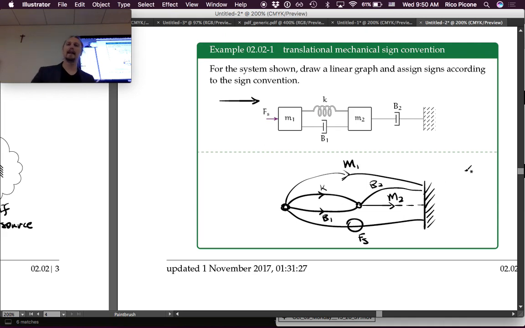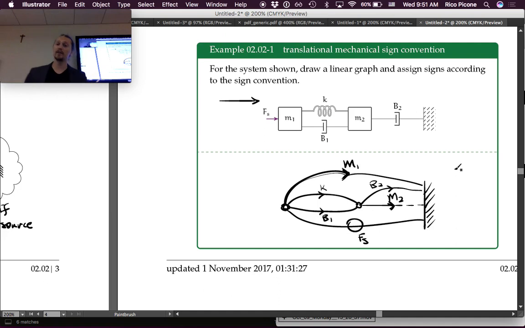And then it's the same with B2. It goes from the mass 2 node to ground. So B2 is also going to go that direction. Masses, I drew the arrow of the masses when I drew the mass elements because they always go to ground. So it's really easy to do that one. The mass references always go to ground.